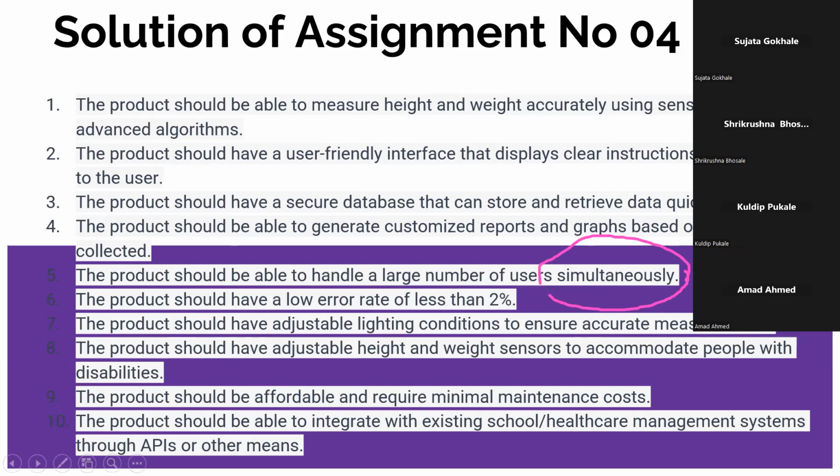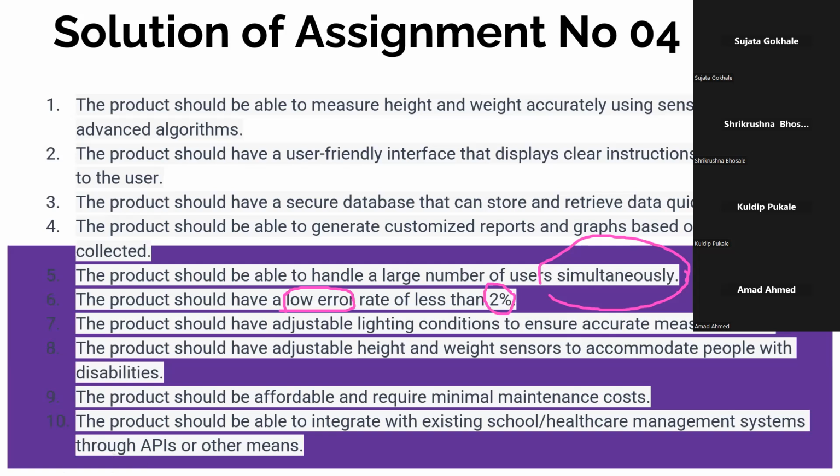Error rate, I think we have to see what exactly is being referred to. Because height error, weight error, whether it will be 2%, meaning somebody is 180 centimeters, 2% is 180 times 0.02, that is 3.6 centimeters.